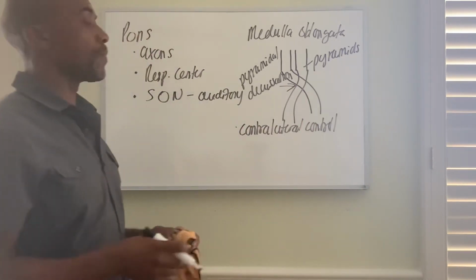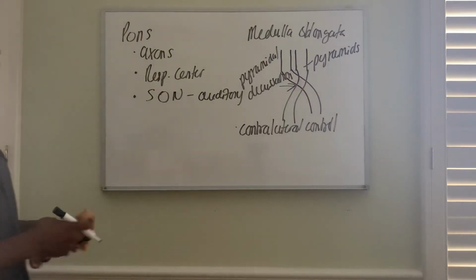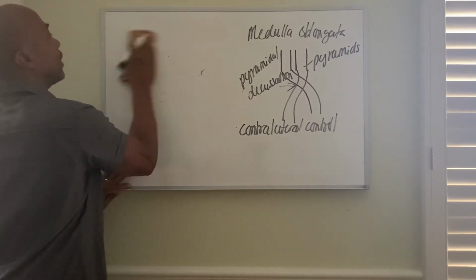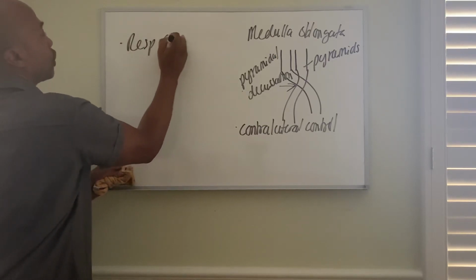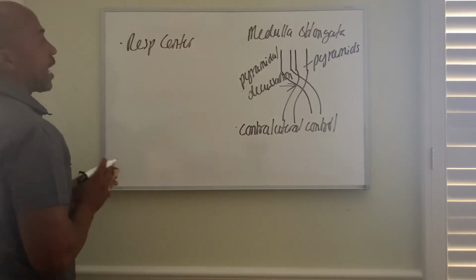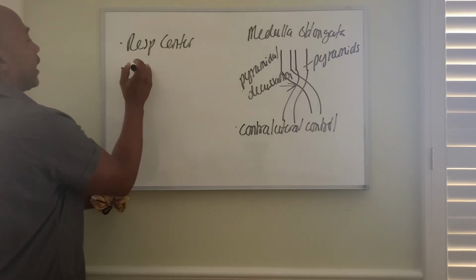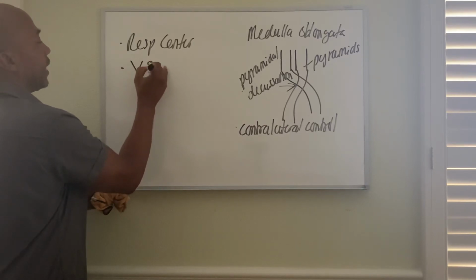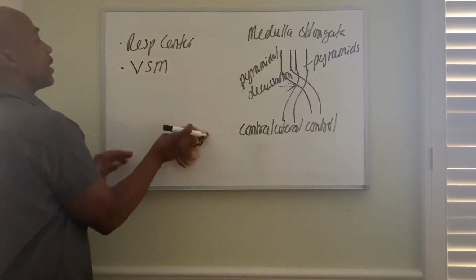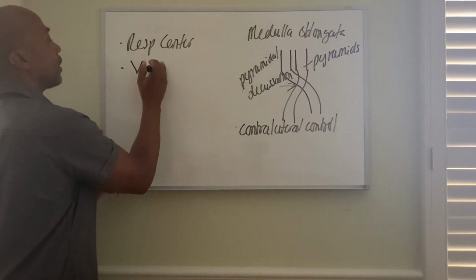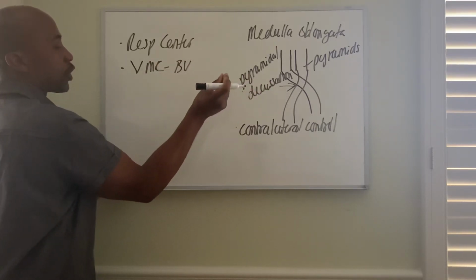Okay. Some other things about the medulla. It's also involved in breathing. So in fact, it's the main respiratory center to control your lungs and diaphragm and all those things involved in breathing. It's also involved in controlling the diameter of your blood vessels, called your vasomotor center. Vasomotor center controls your blood vessels, how wide they are, how small they are.